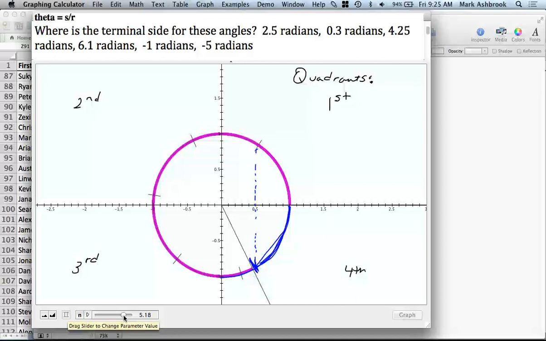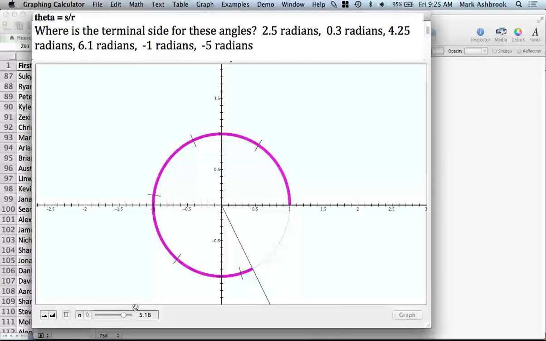And so then -5. Where would -5 be? I would start here, and it would tell me where to stop for -5.